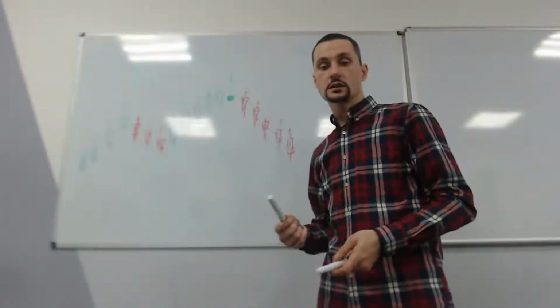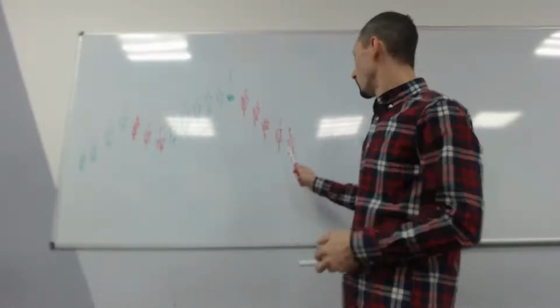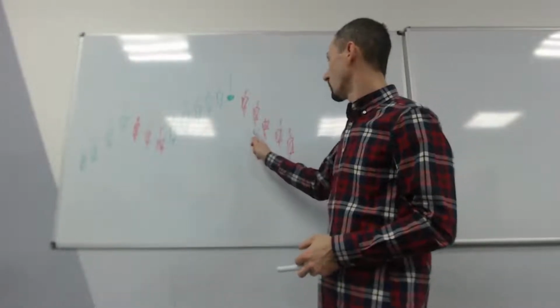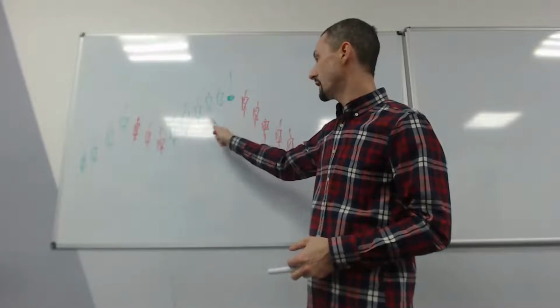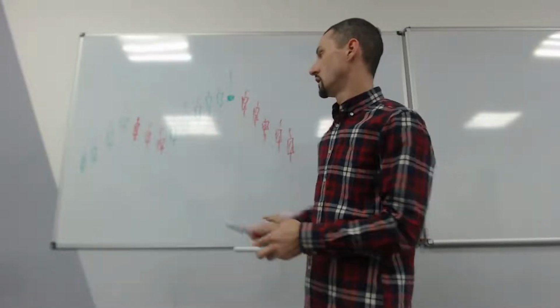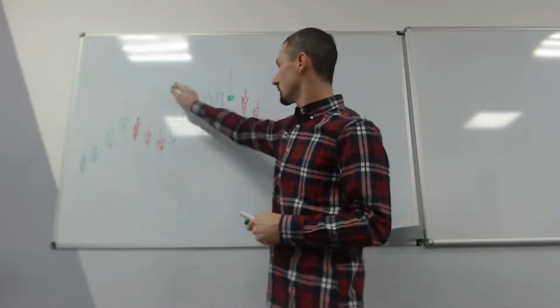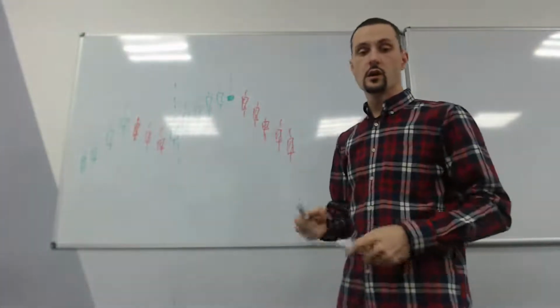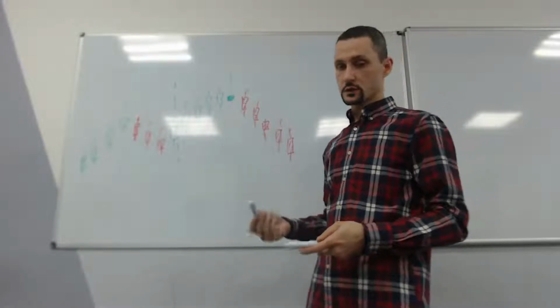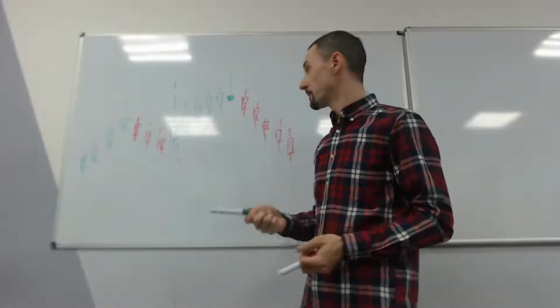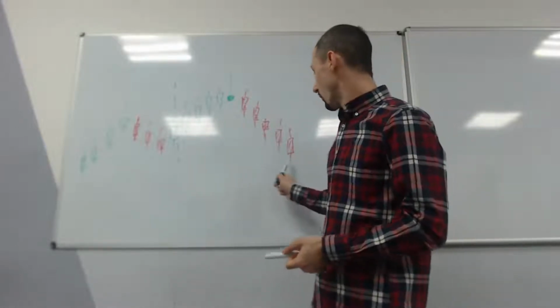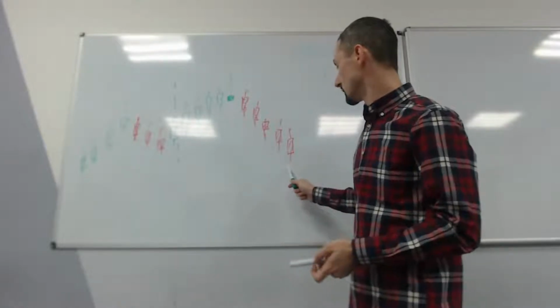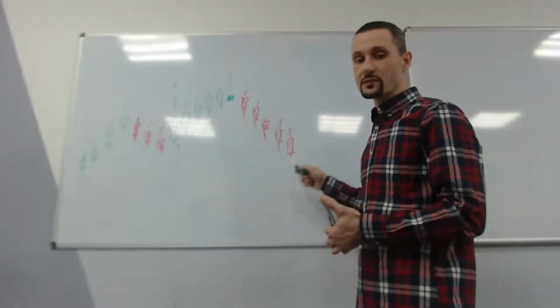Let's take 10 candles. 1, 2, 3, 4, 5, 6, 7, 8, 9, 10. So here is the border of the beginning of the counting of the moving average. And so before this candle, we won't have any points.